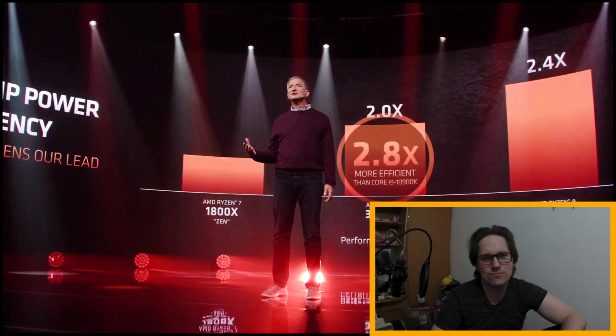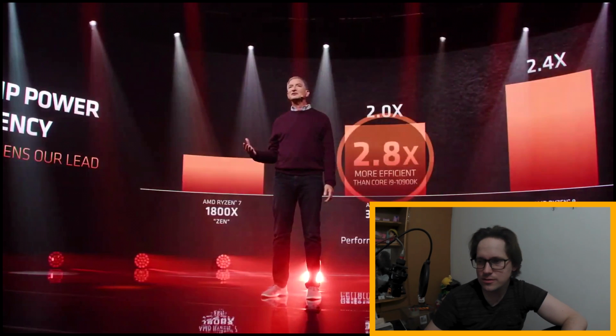Newer things mean better power savings. So I would always encourage somebody thinking of upgrading to get something newer. You don't have to go for the newest, but get something newer. This is just saying 2.8 times more efficient than a Core i9 10900K. 2.8 times. Okay.